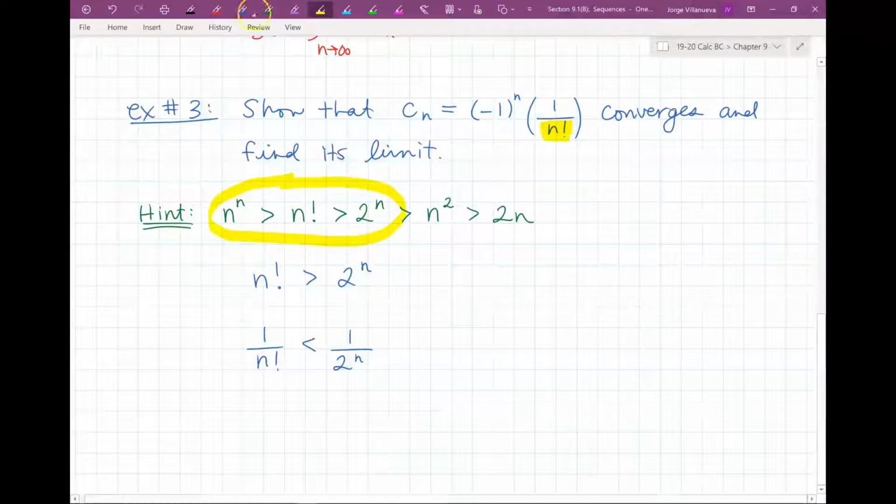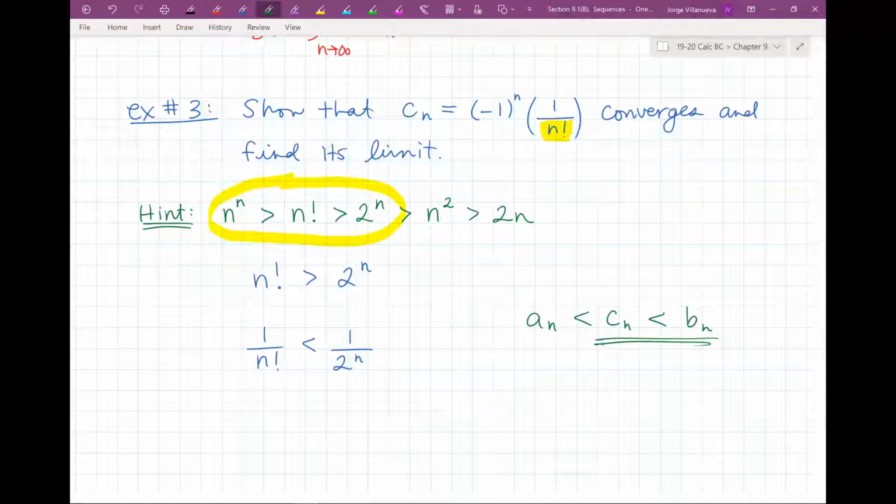I'm trying to build a sub n less than c sub n less than b sub n. So far, I have that, because I need c sub n in the middle.